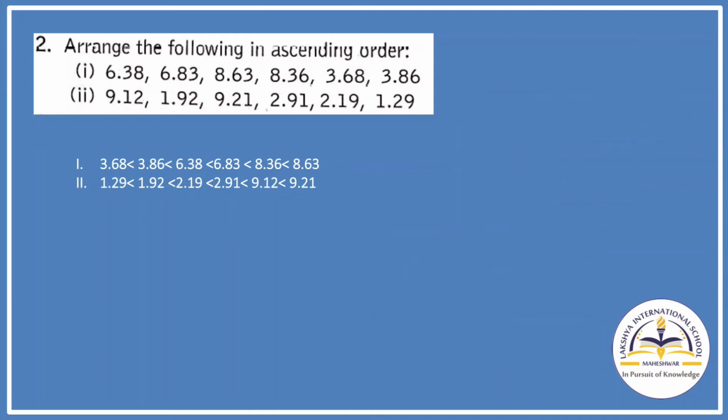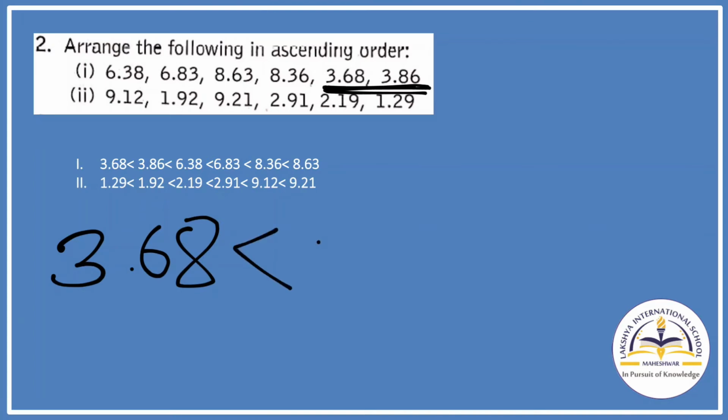So we will first find out the smallest value among these numbers. Now you can see there are 3 point numbers also. So first we will compare these two numbers. So 3.68 is the smallest among these two numbers. Now the next one is 3.86.